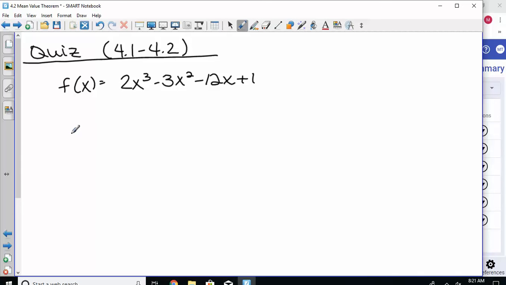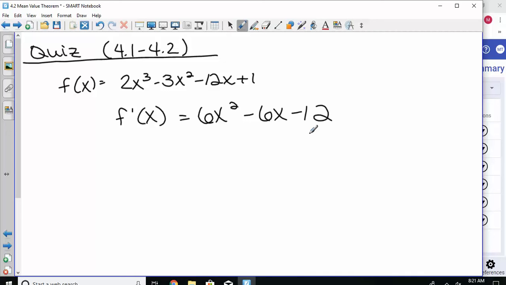What would you do? Derivative. Okay, and you have to find out anywhere the derivative is 0 or undefined. If you have a fraction, it's undefined when the denominator is 0. No fractions, so that's not going to happen.